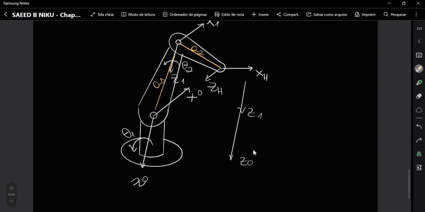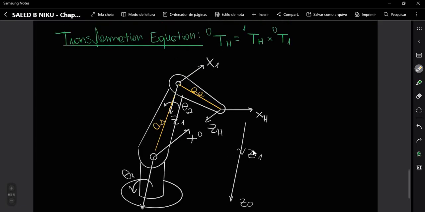And this is because we had rotated the Z0 axis angle of theta 1 to become in parallel with the axis x1.